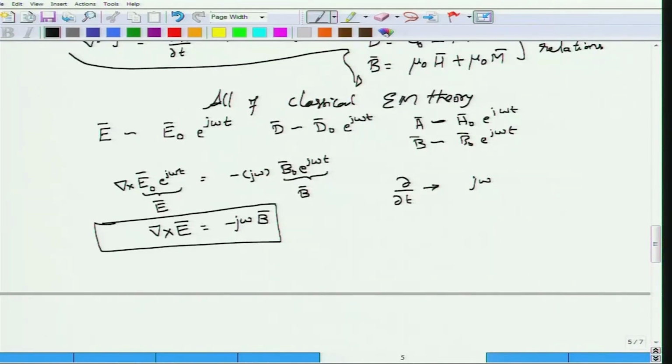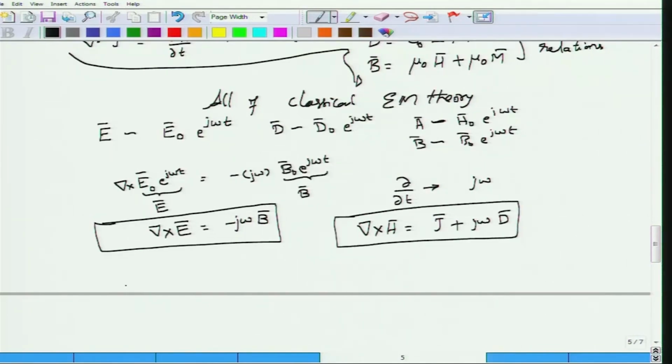Okay. So, with this I can actually write down all the other forms. I will leave them as an exercise to you. I have curl of H is equal to J, and there is a del D by del t there. So, replace the del by del t by j omega, and this becomes j omega D. Okay. Then we have del dot B equal to 0 and del dot D equal to rho v, no change in these two equations.